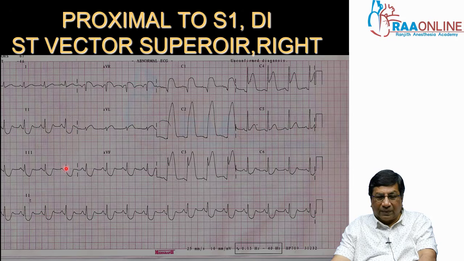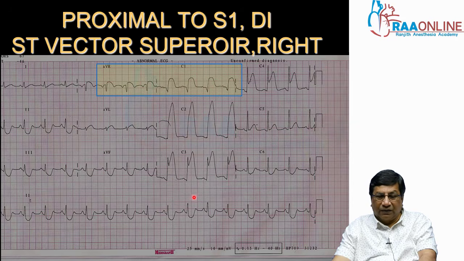Having decided that, I must look at the right side leads, AVR and V1. V1 shows ST segment elevation more than 2.5 millimeter. AVR is also showing ST elevation. That means in this ECG the injury vector is directed superior and towards right side. So this is a very proximal LAD lesion and this is a very high risk infarct.